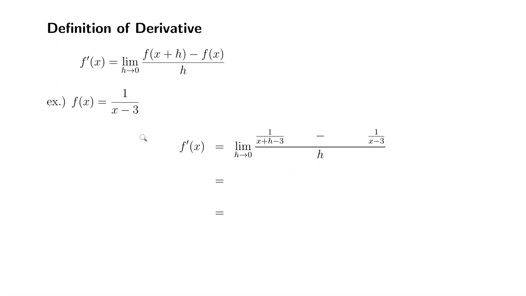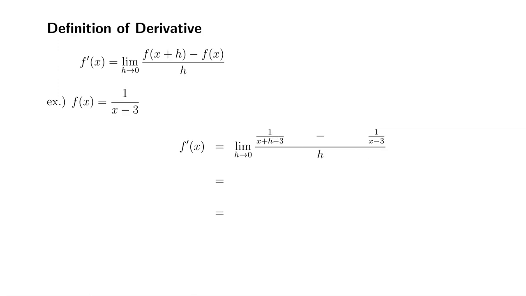In order to evaluate this limit, we need to combine these two quotients together. To do that, I'm going to find the common denominator. The easiest common denominator is simply to multiply the denominators together. So I'm going to multiply numerator and denominator by x minus 3.